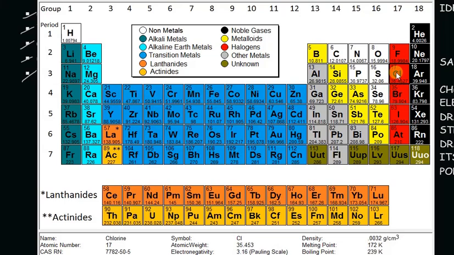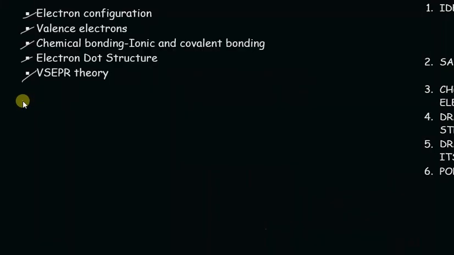So we'll see how these elements combine and why they bond to other elements. We'll see that in this lecture video. Of course, it has something to do with their atoms. Again, based on the atomic theory, all elements are made up of atoms. Let's take for example H2O, or water.